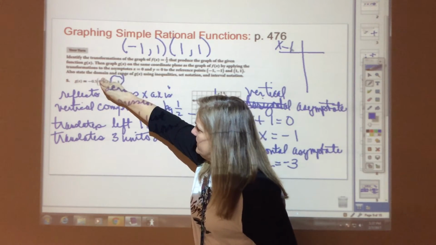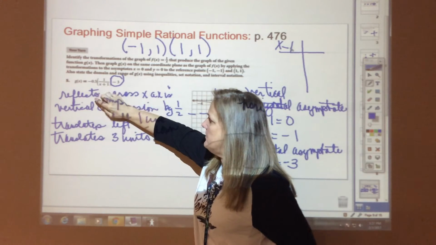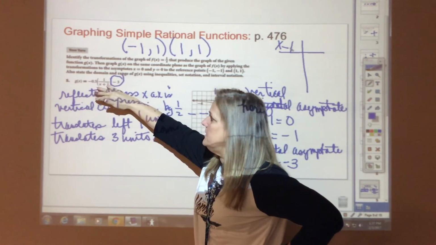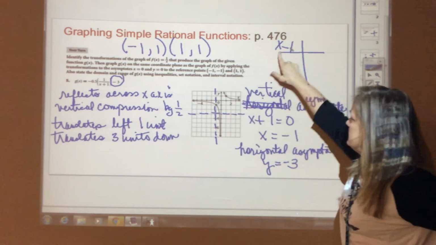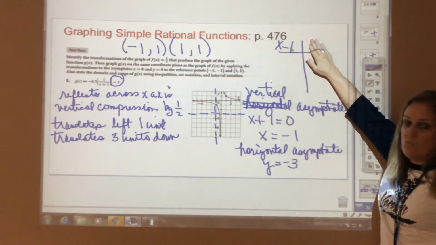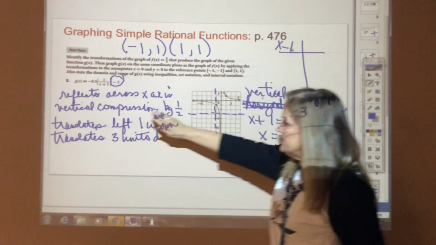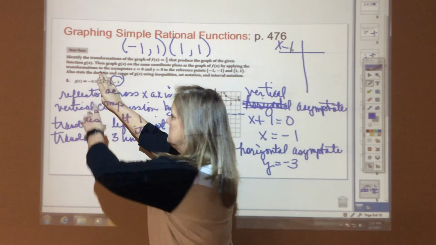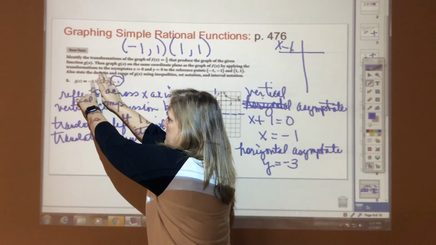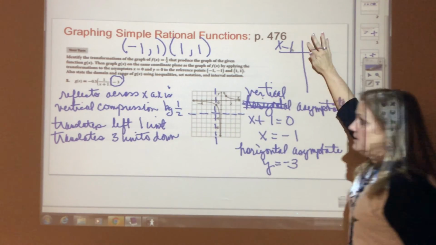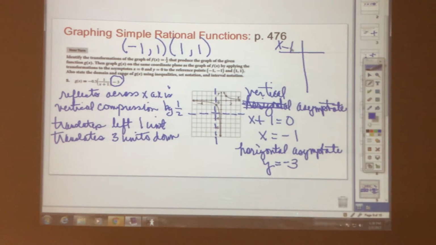Everything in the parentheses is going to be opposite. So what am I doing to the x? It says plus 1, but I'm always doing opposite, so I would minus 1. What am I doing to the y? So we pretend like this is the y. What am I doing to it? Negative 0.5 y minus 3.